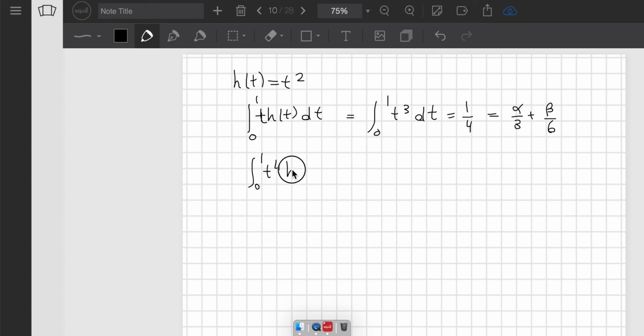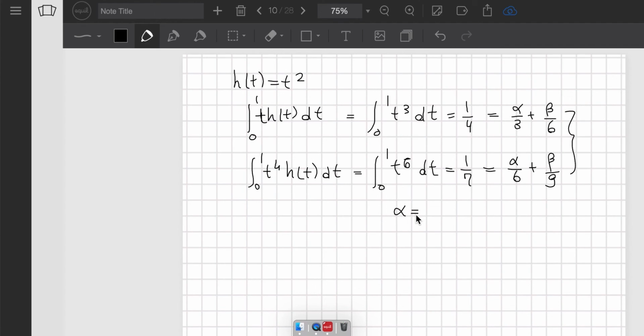Now we do the same with t to the fourth. This is equal to the integral of t to the sixth dt, so 1/7. And this has to be equal to alpha over 6 plus beta over 9. So we have a system of equations, two variables, two equations, so we can always find alpha and beta.